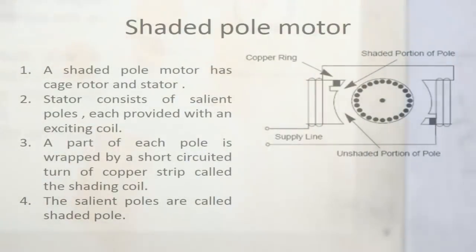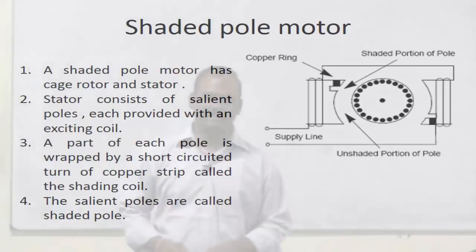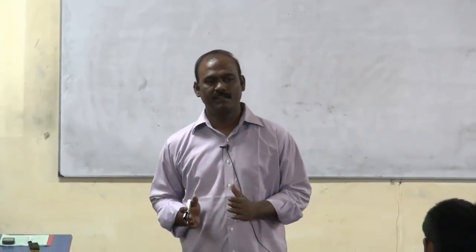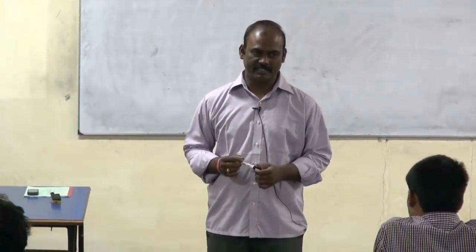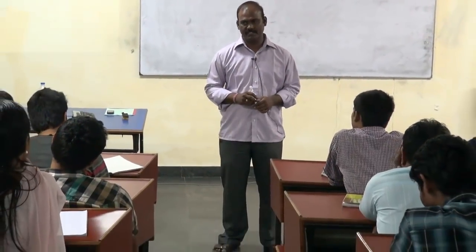Next, shaded pole. Actually, this is a different kind of single phase induction motor where we don't use a capacitor. It is a similar kind of machine, which is useful along with the synchronous machine, because we all know the different types of synchronous machine.